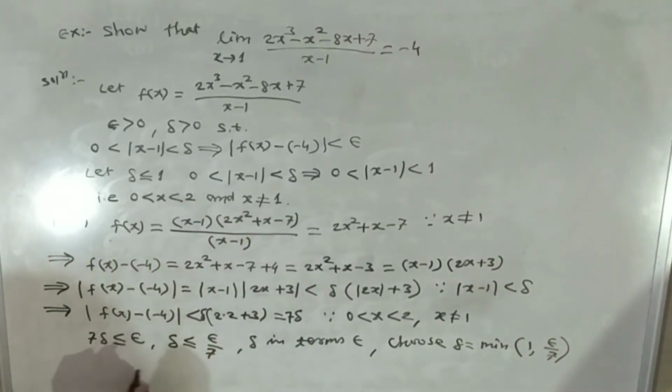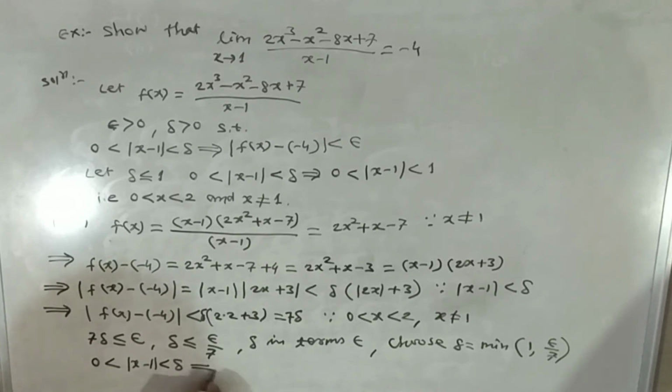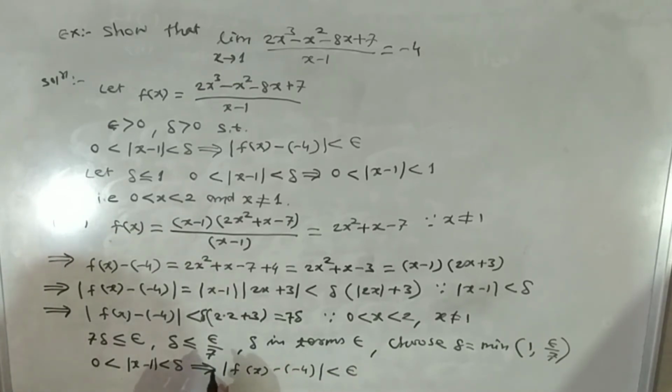And then what you get? Then we get 0 is less than mod x minus 1 is less than delta. This implies that mod f of x minus 4 is strictly less than epsilon.